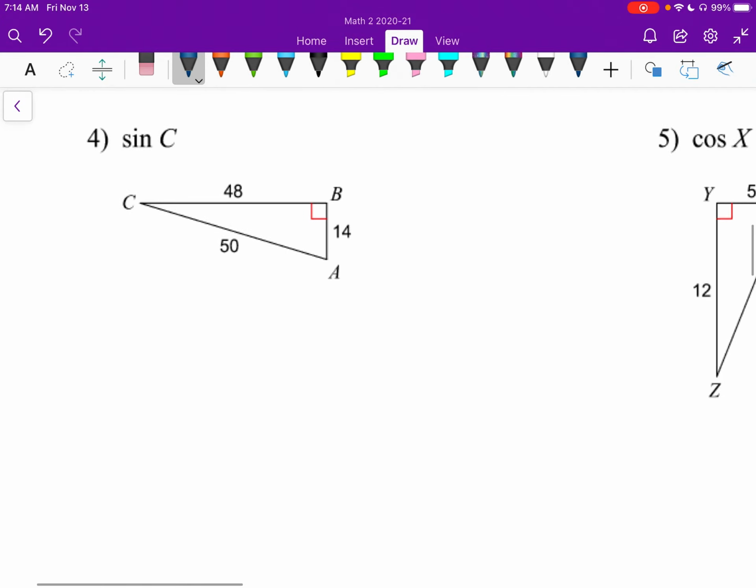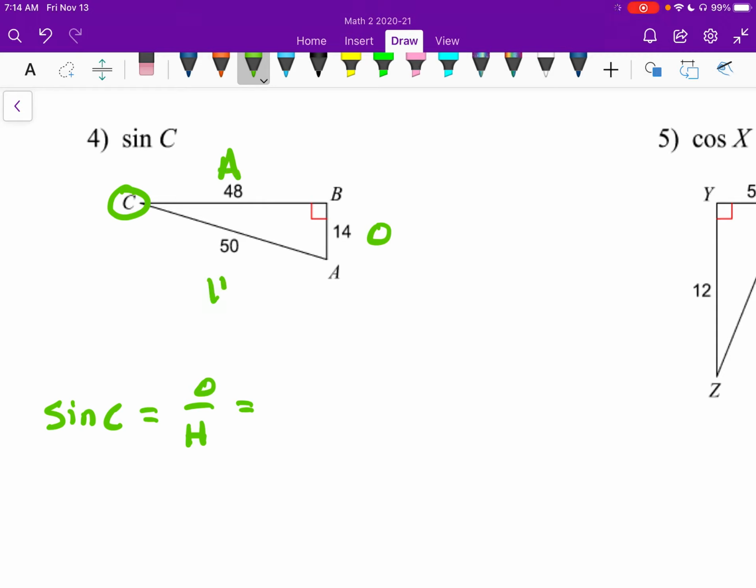Look at number 4. Well, sine of C, from Sohcahtoa, we know that sine is opposite over hypotenuse. So we need to label everything. Here's our C, here's our opposite, here's our adjacent, here's our hypotenuse. Opposite is 14, hypotenuse is 50. This will reduce to 7 over 25.